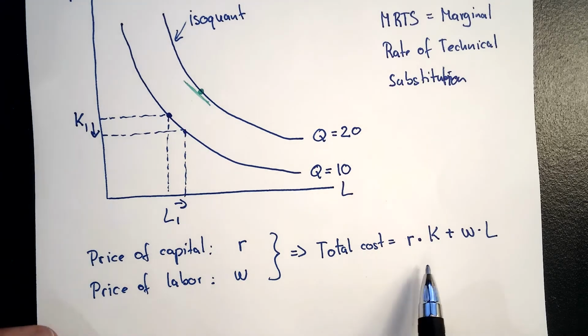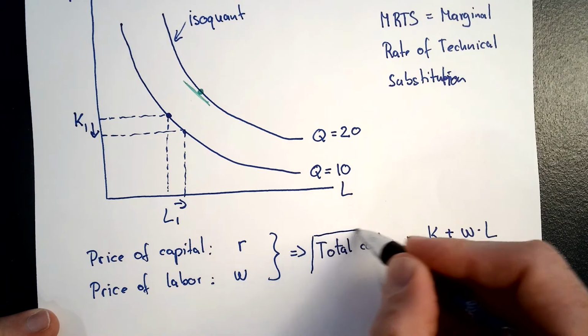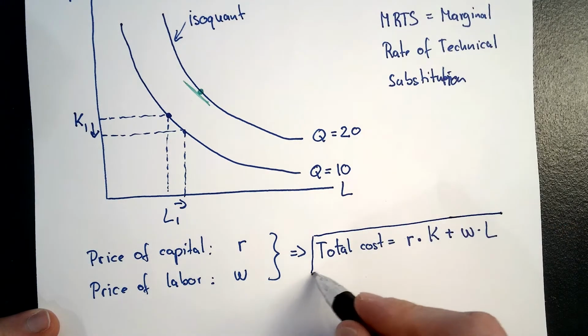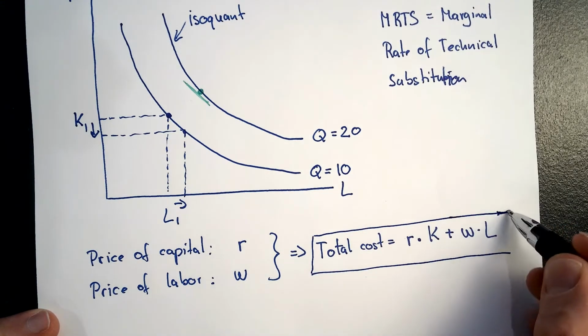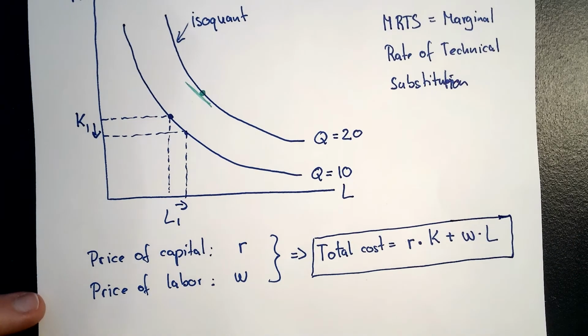Keep in mind that this is very similar to what you would have seen in consumer theory about the budget constraint.